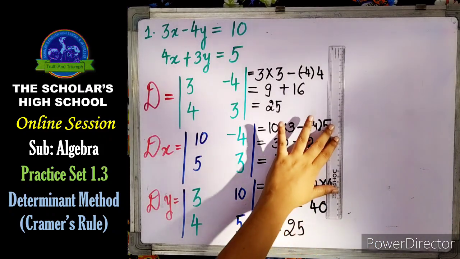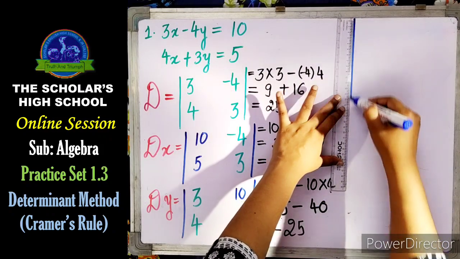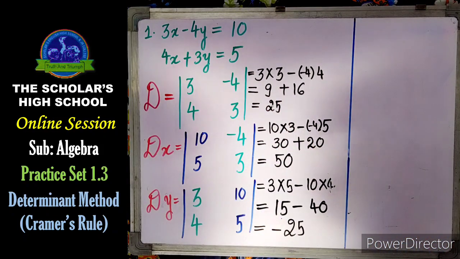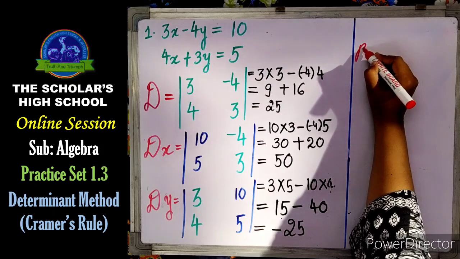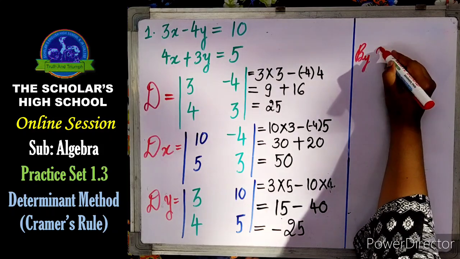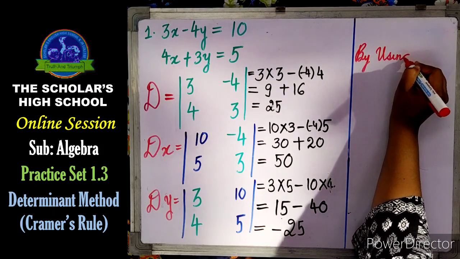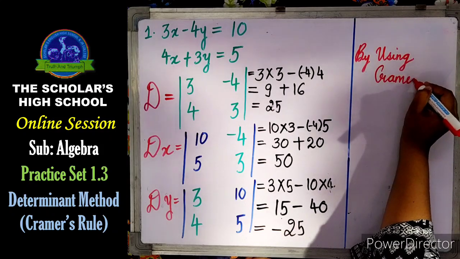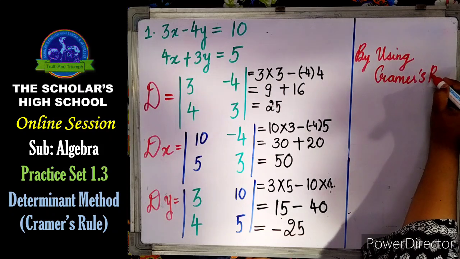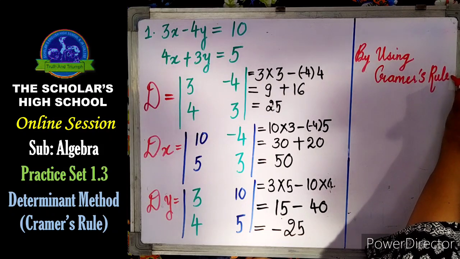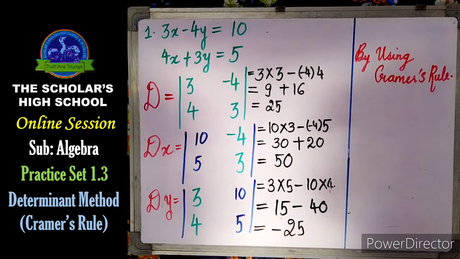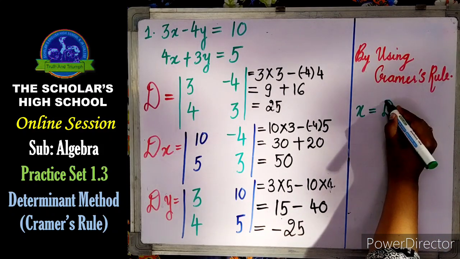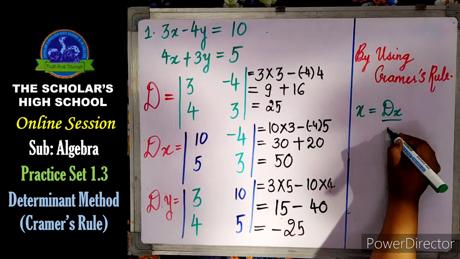So now let us find the value of x and y. You are going to write by using Cramer's rule. Every time when you substitute the formula of Cramer's, you are going to write by using Cramer's rule. x is equals to dx upon d.